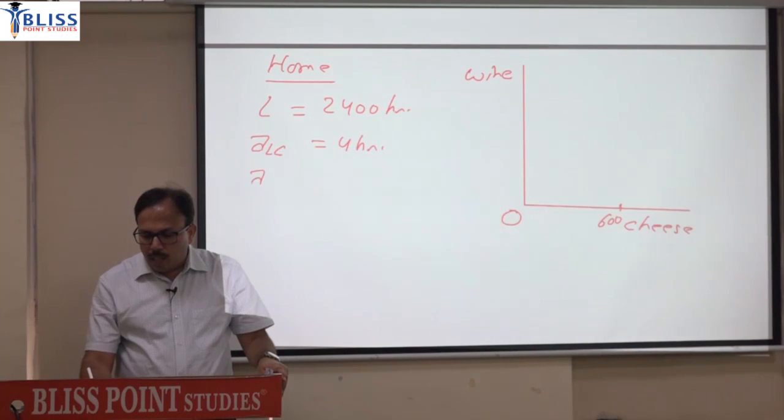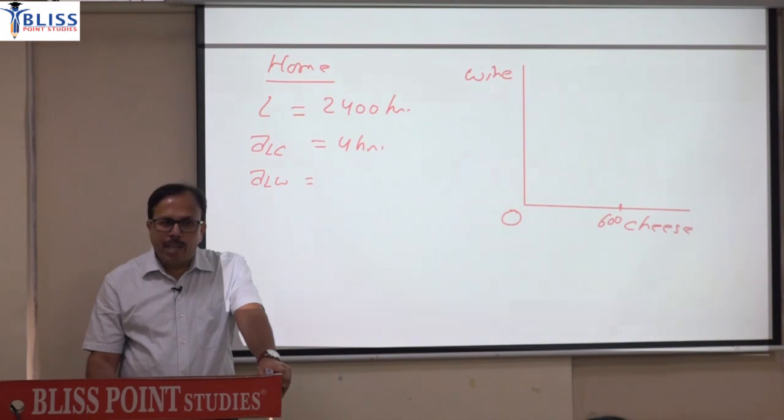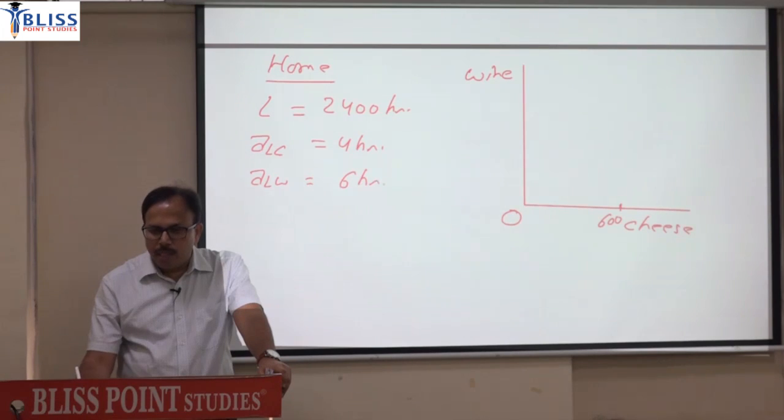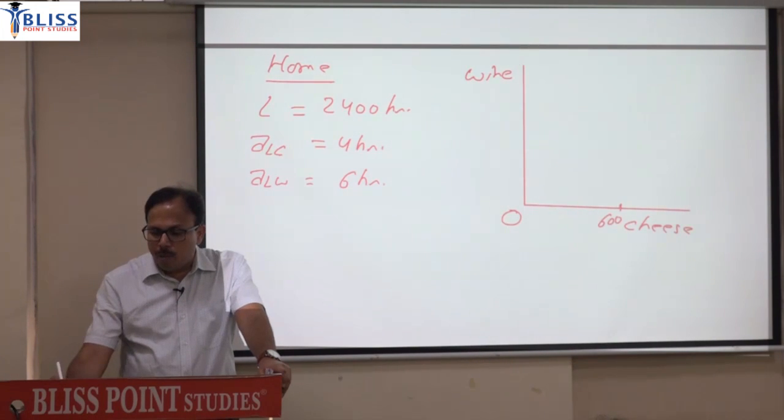If I write ALW, तो ALW को क्या पढ़ना है? Unit labor requirement to produce wine in home country. So if it is written as 6 hours, it means to produce 1 unit of wine in home country, it will take 6 hours. So how many units of wine can be produced? 400.